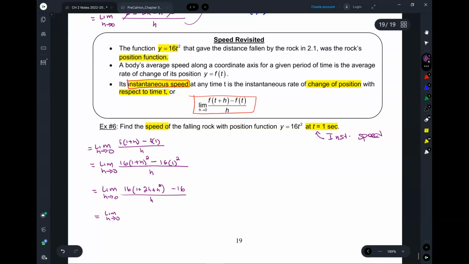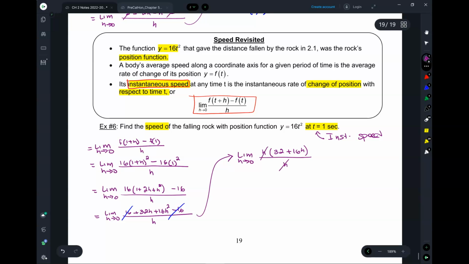I'm going to let you FOIL that one and figure it out. So 16 plus 32h plus 16h squared minus 16 over h. You see how things cancel again? It's like black magic. This cancels with this. Limit as h approaches 0. You know what? Let me just factor out an h from here. 32 plus 16h over h.